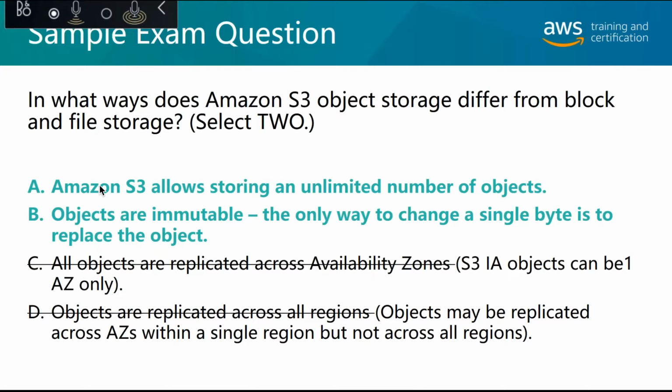And then objects are immutable. The only way to change a single byte is to replace the object. That's absolutely true. If you have a file on EBS and you modify the first line of the file, then the bytes in the file change on EBS. But when you modify a file or object in S3, the entire object gets replaced.